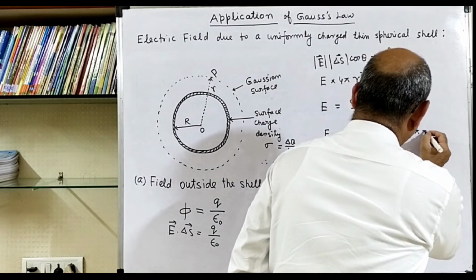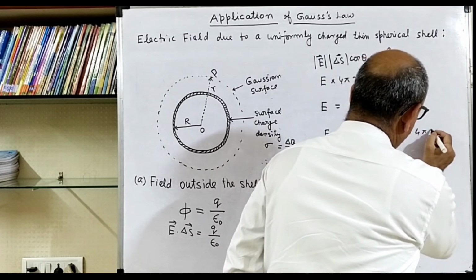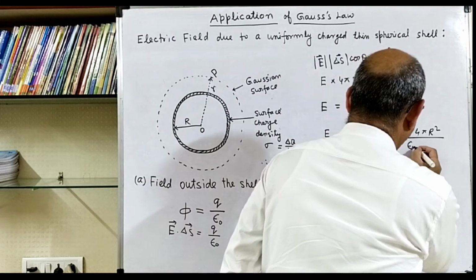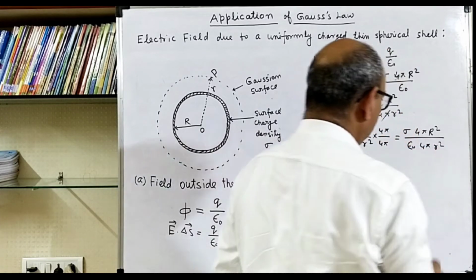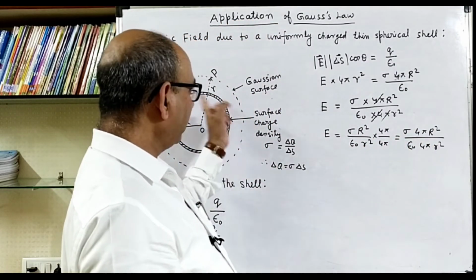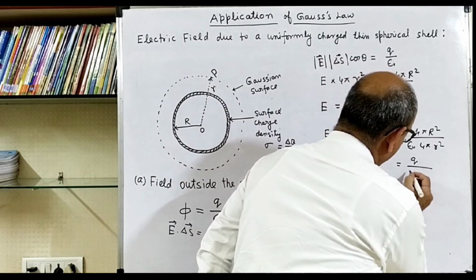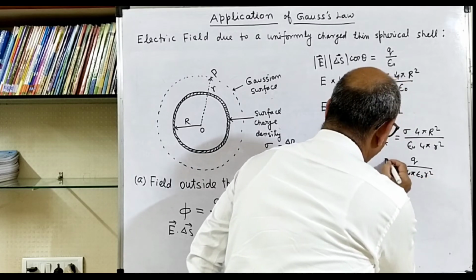This will be equal to sigma times 4 pi r square divided by 4 pi epsilon naught r square. This is the value of the total charge enclosed inside the spherical shell. We can write this as Q divided by 4 pi epsilon naught r square.